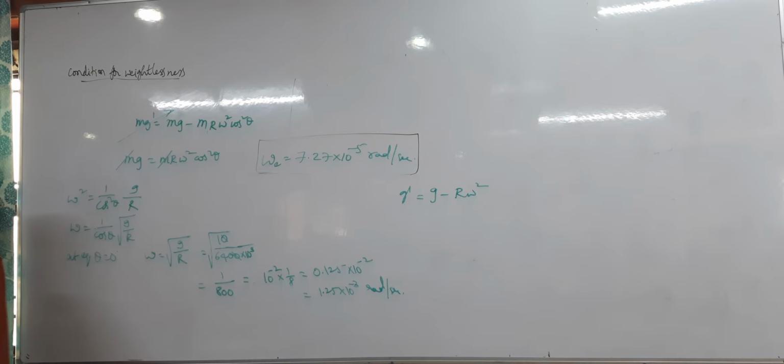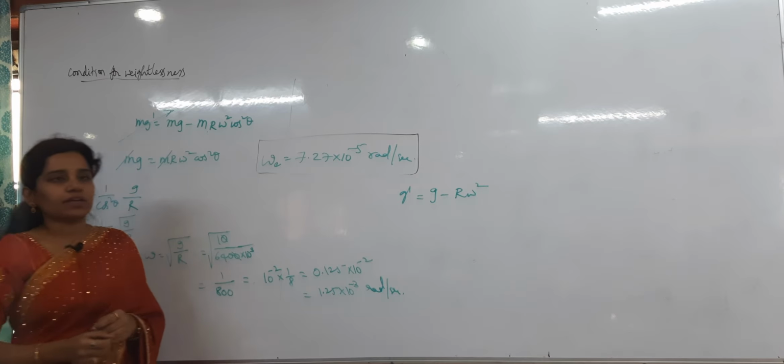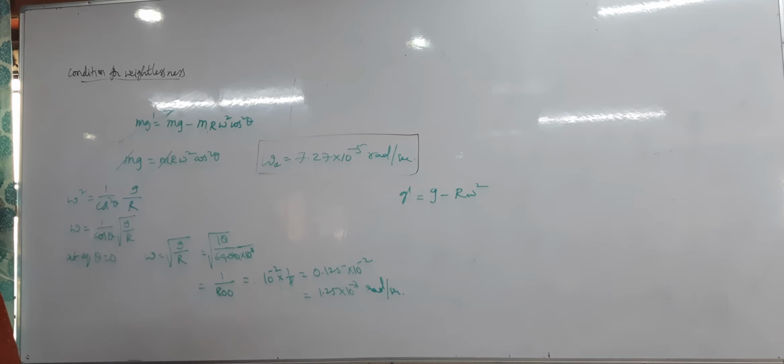Whenever weightlessness is there at the equator, at that time the period is how much? One day will be over within only 1.4 hours. Because now it is rotating at this speed, our 1 day time period is nothing but 24 hours. That you have to remember.